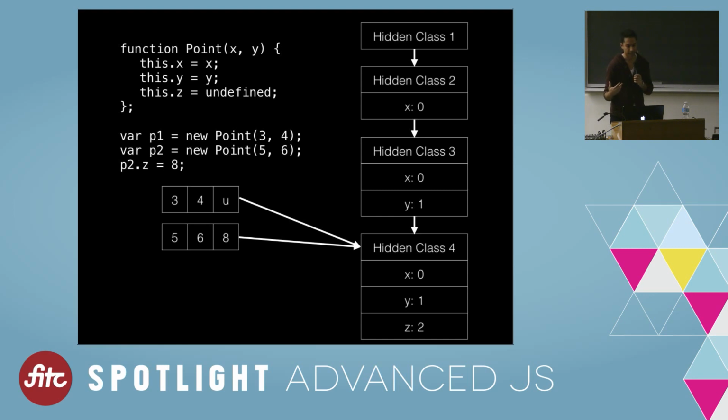So the hidden class just tells the underlying virtual machine which array slot to look up. And then from that array slot, it uses something called pointer tagging to figure out if it's an int or a string or an object or whatever else. I didn't get into all that within my talk, but it uses pointer tagging to figure out the value. So it's going to look up the same array slot, but then once it looks at the array slot, it's going to determine it's a different value.